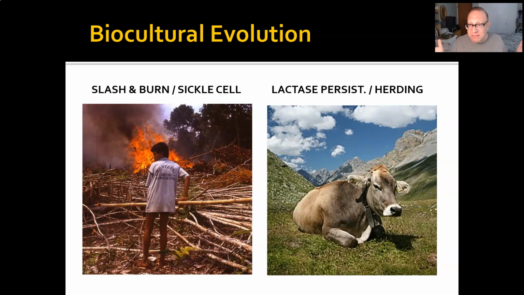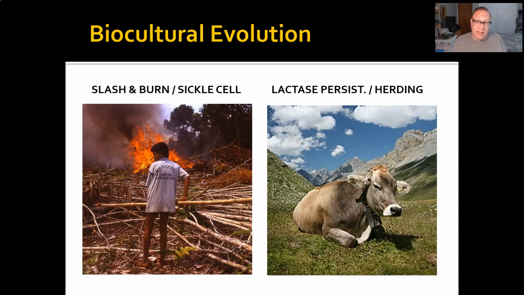So it doesn't matter that you are still producing it. But if you live in a society that has begun to herd animals and relies on milk, that then gives you an extra source of nutrition during famines, okay, which gives you a selective advantage, increases the prevalence of that gene in those areas. So that is why the places where we find the highest rates of lactase persistence in the world are also places that have long histories of herding.